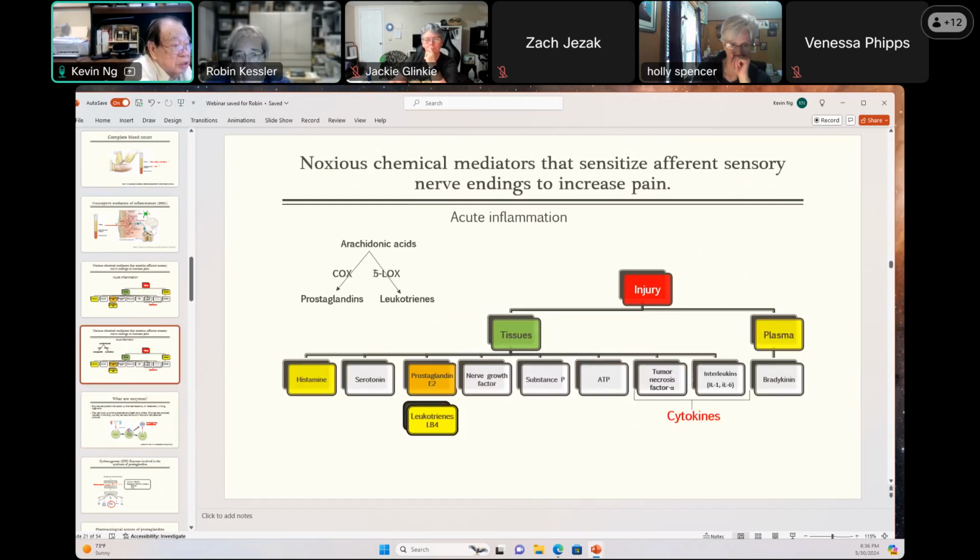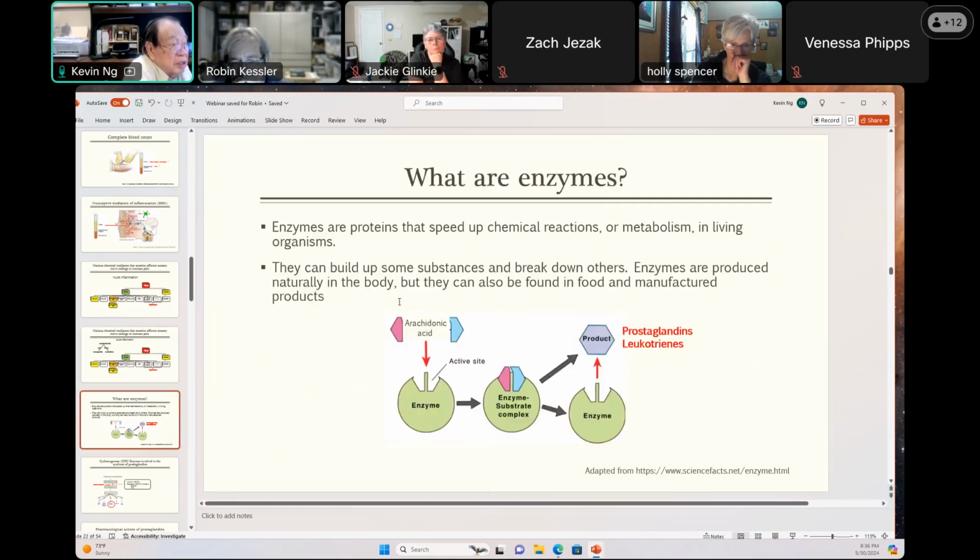Now, when these enzymes are liberated at the damaged area, they convert the inactive substance into very powerful painkiller. Now, the question is, what is an enzyme? An enzyme is liberated, for example, from the damaged tissue cell, liberated from your blood vessels, from the smooth muscles, liberated also from the nerve endings.